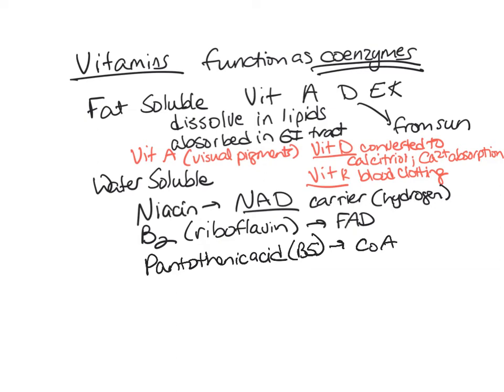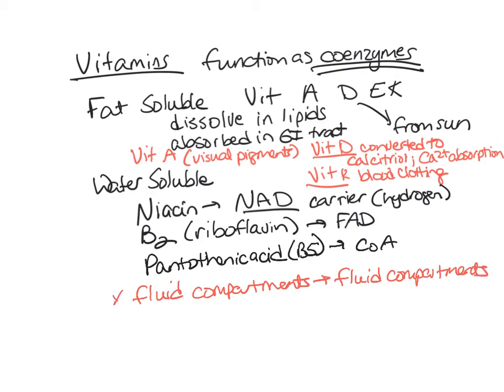Water-soluble vitamins are rapidly exchanged between the fluid compartments and the blood, so they just go very quickly between fluid compartments. And the other thing, probably more importantly, is that the water-soluble vitamins are excreted very readily by the kidney.